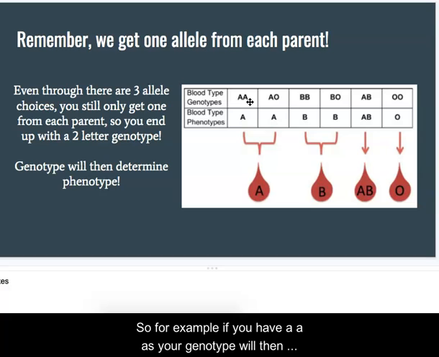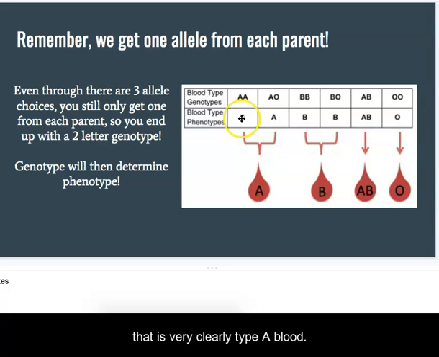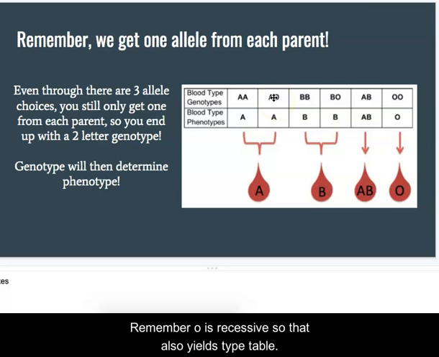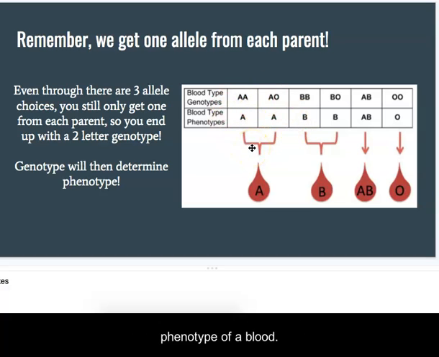So for example, if you have AA as your genotype, well then that is very clearly type A blood. If you have A and O, remember O is recessive, so that also yields type A blood. So these 2 genotypes, AA and AO, both have the phenotype of A blood.